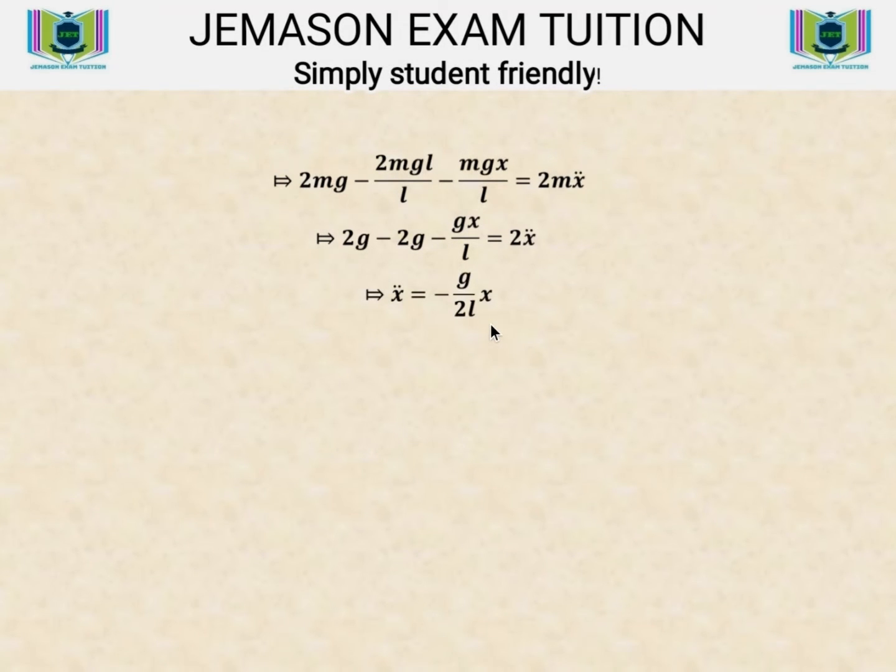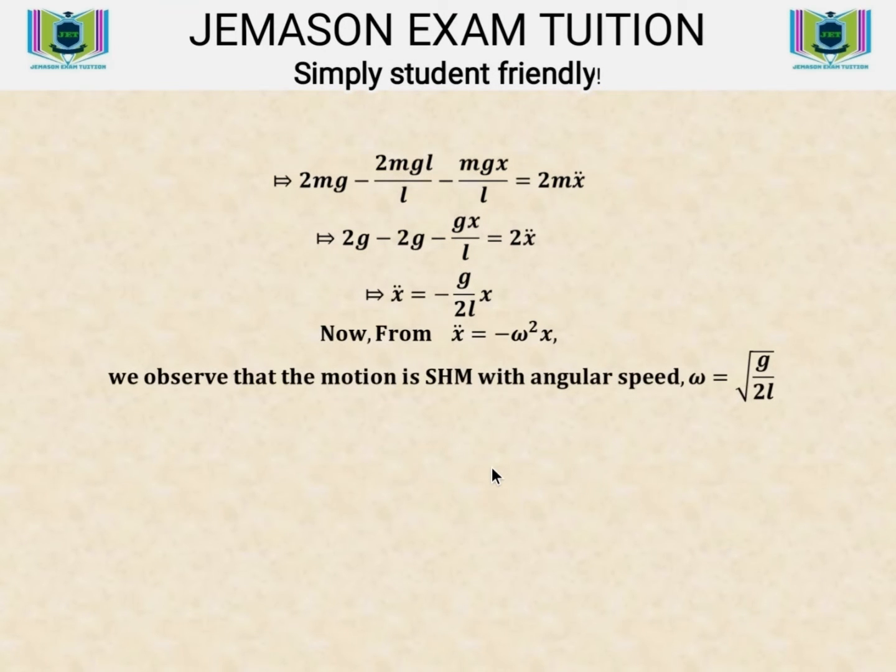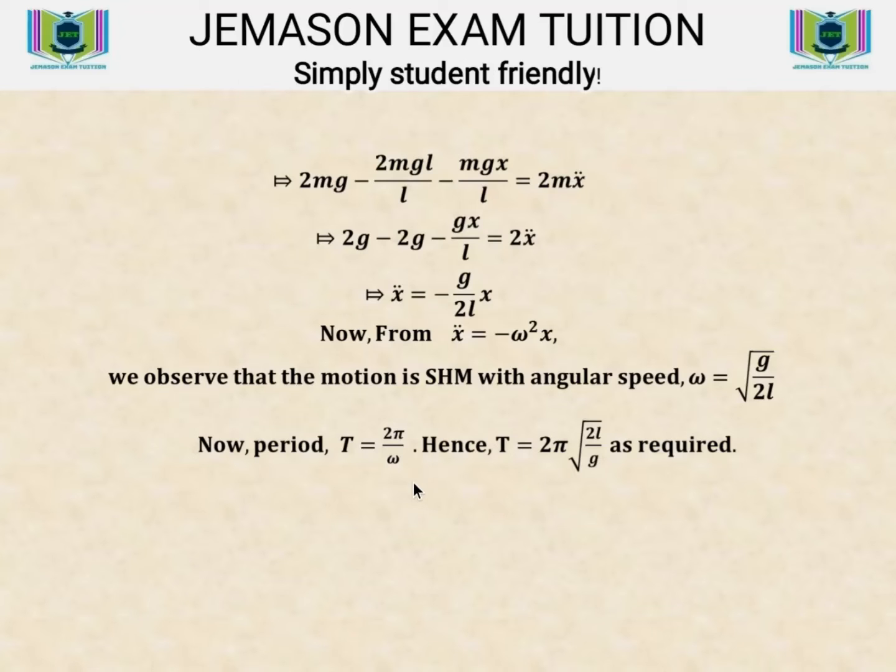Finally, the equation simplifies to x double dot equals negative g over 2l times x, which clearly is identical to the standard equation of simple harmonic motion, whereby the angular speed omega equals the root of g over 2l, and the period can then be calculated from T equals 2 pi over omega, the angular speed, so that we have T equals 2 pi the root of 2l over g as required.